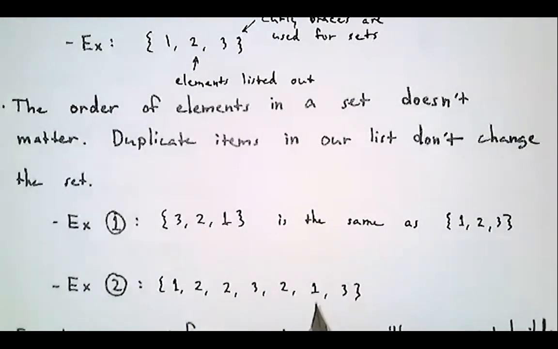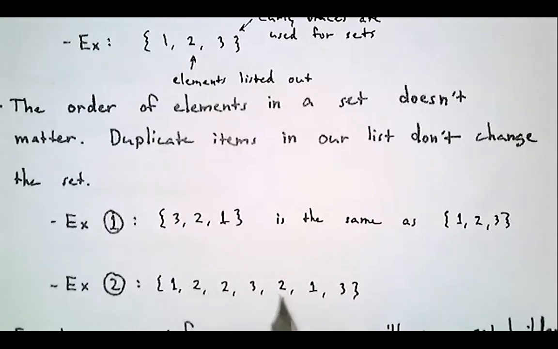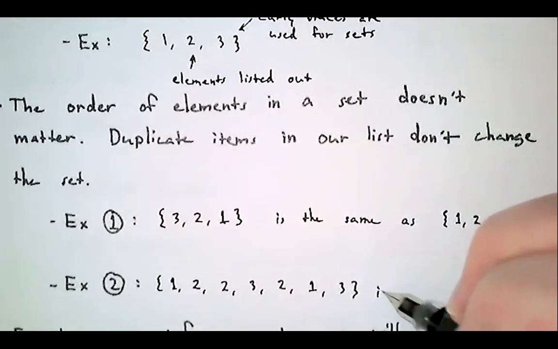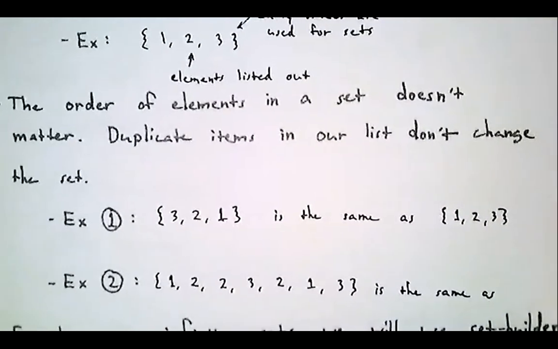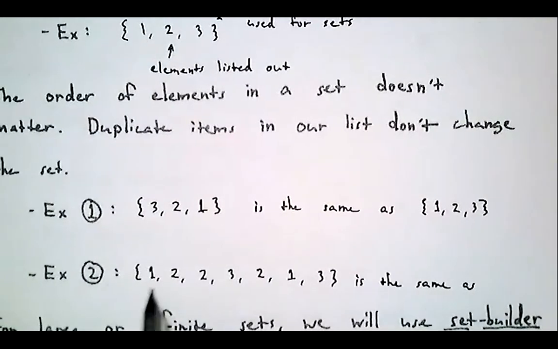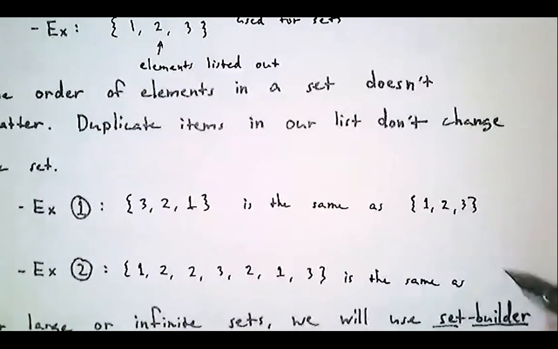If I list it twice, it doesn't change the fact that 1 is in the set. And the same for 2. It's been listed 3 times, but that still just tells me 2 is in the set. And same for 3. So it's still just a set with 1, 2, and 3 in it.